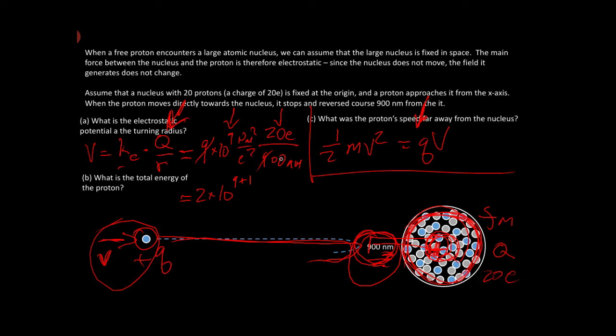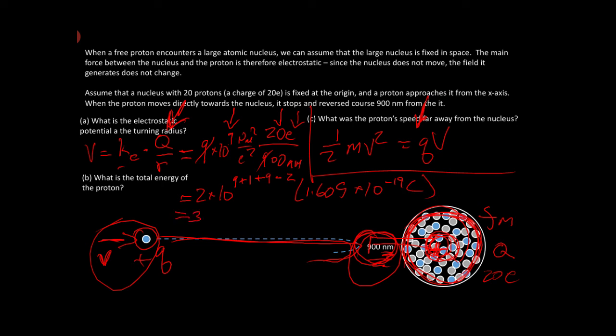Let's see, what is this? Okay, 20e. We're going to have to deal with the e later. We had the 9, so minus 9 here, but that comes up because it's in the denominator, so that's plus 9. And then we have 100, so that's minus 2, times 1.609, that's the e, times 10 to the minus 19 coulombs, which we seem to have used a lot.